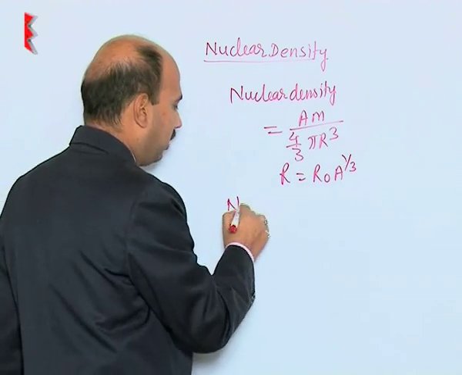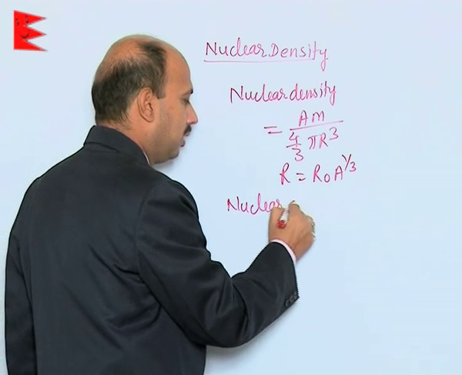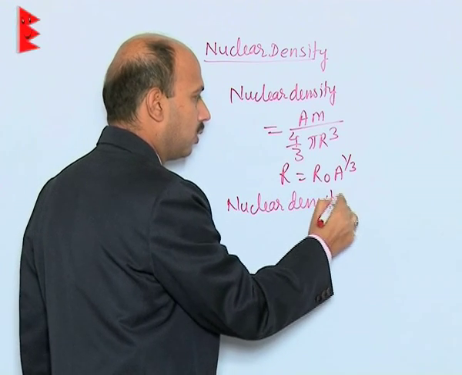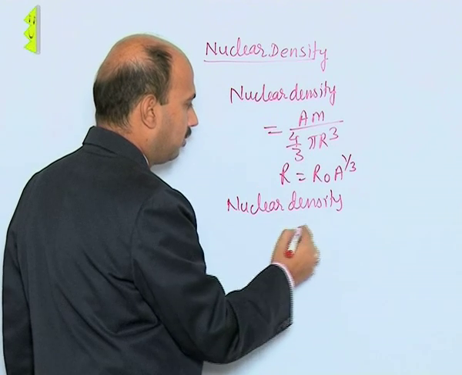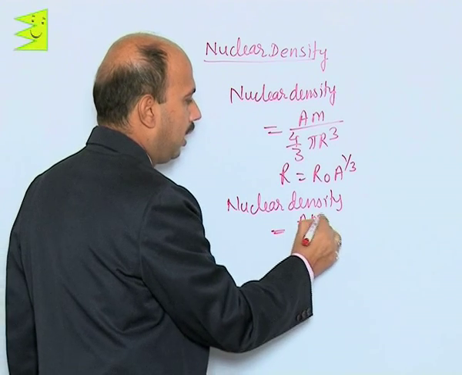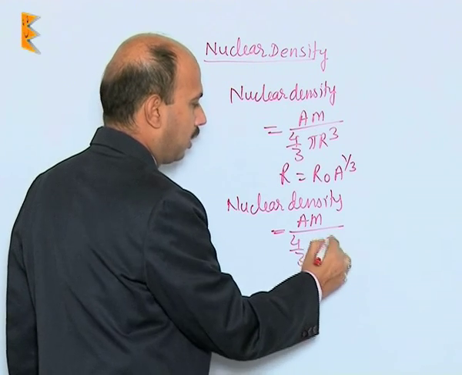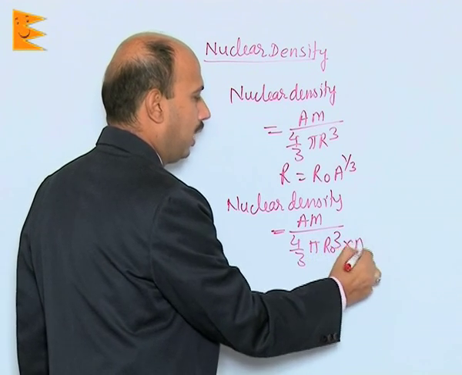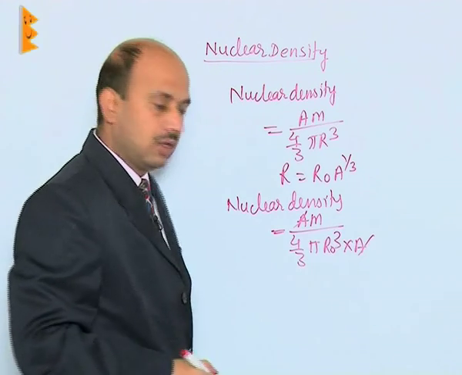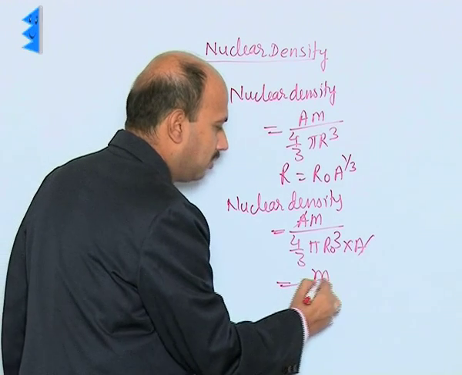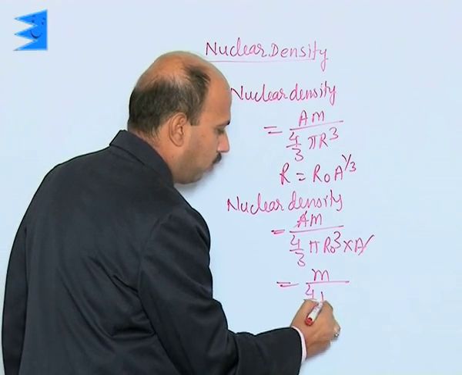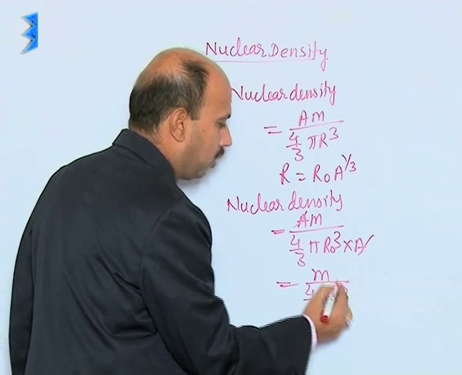So nuclear density is equal to Am upon 4 upon 3 pi r naught cube into A. This A and this A cancel, so we get nuclear density equal to m upon 4 upon 3 pi r naught cube.